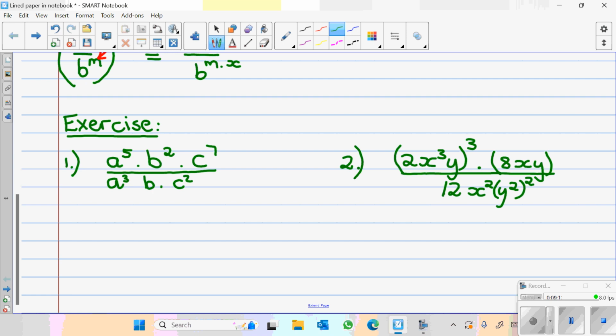The second one I want you to do is where you still do the adding and subtracting, but you also need to look at the power on the outside that goes to the numbers on the inside.